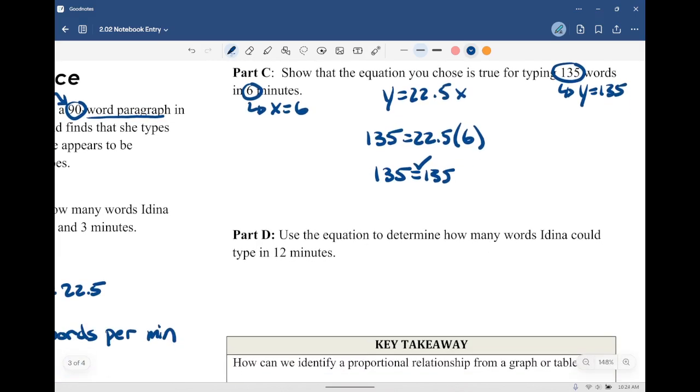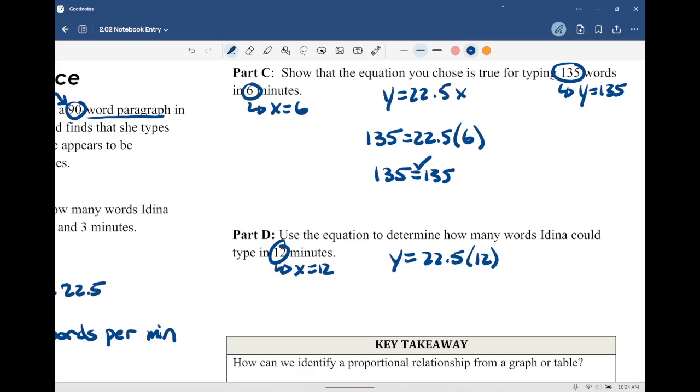Now, part D. 12 minutes. What variable is that? It's minutes, so it is x. x equals 12. And so y is equal to 22.5 times 12. Raise your hand when you get this one, please. Put it into the calculator.